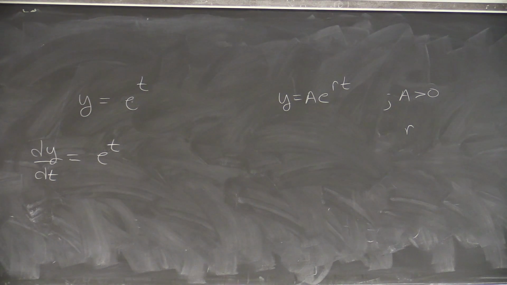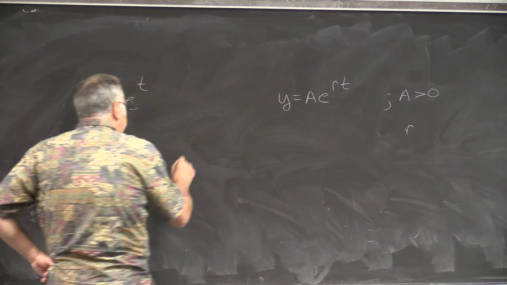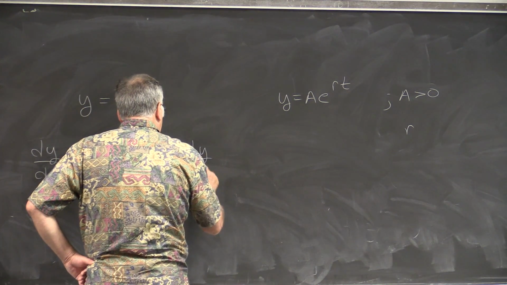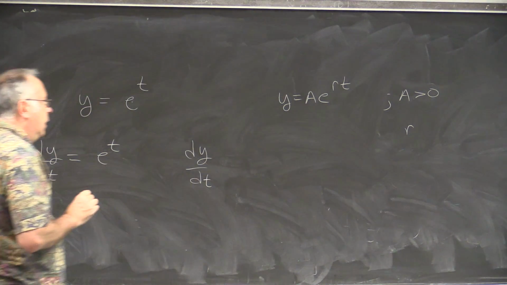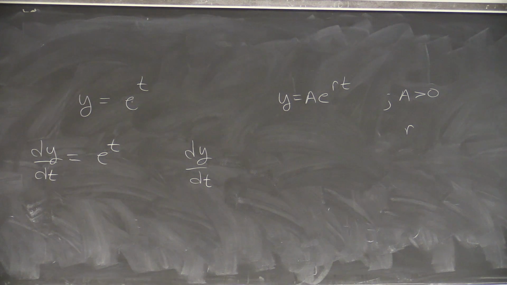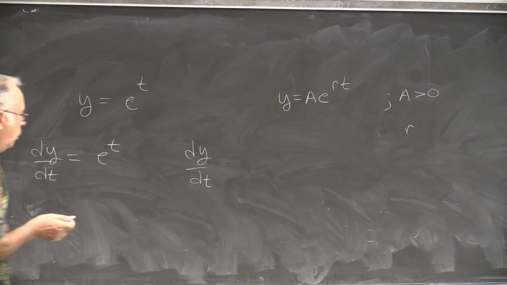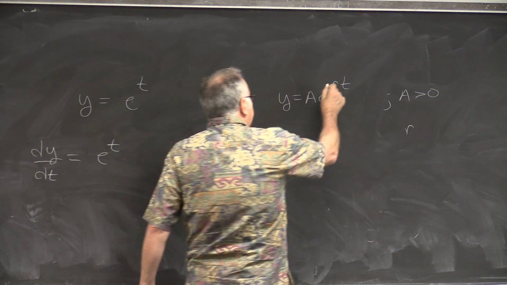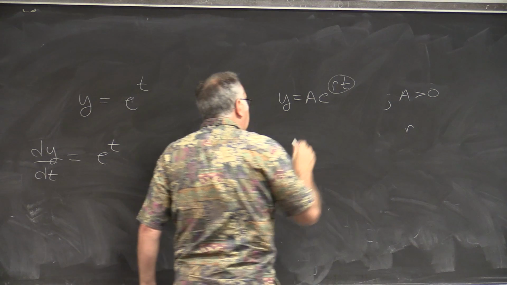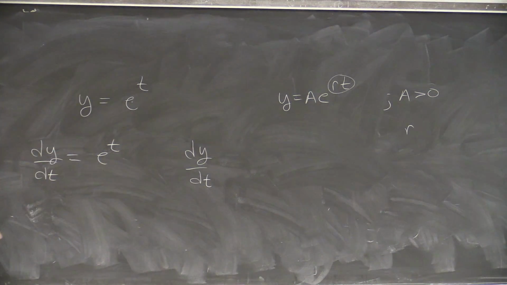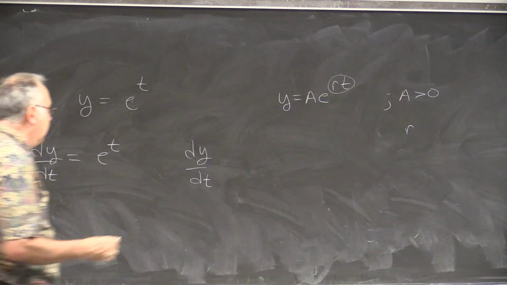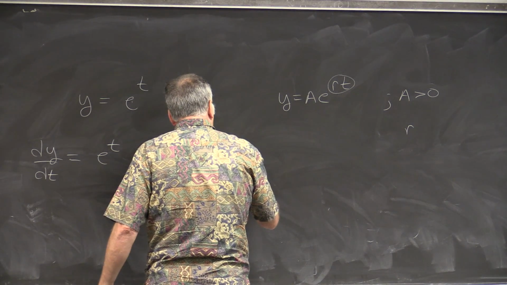So t is a variable, obviously. In this case, do any of you know what the derivative dy/dt is? A r e to the rt. Yes. What you do, you take this exponent, you differentiate it with respect to time, and then you multiply that times A times e to the rt. Actually, we could prove this.